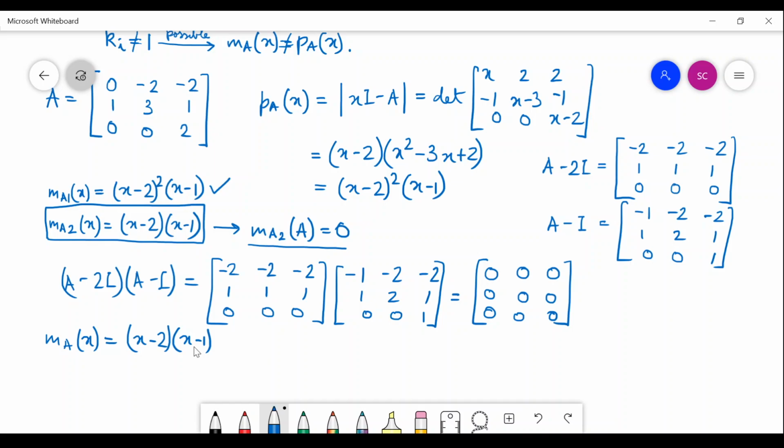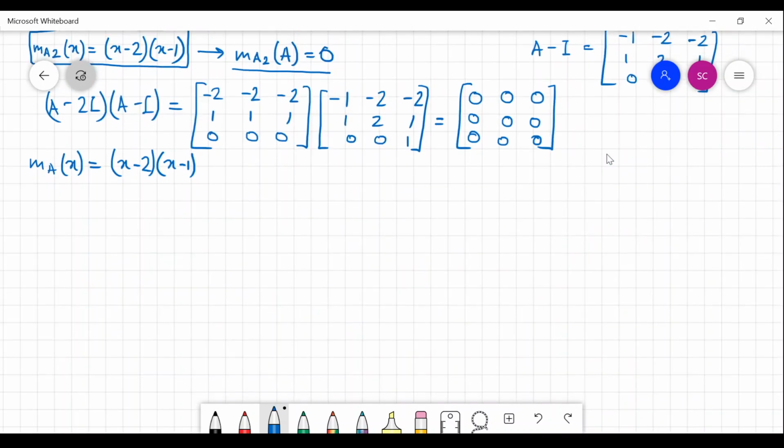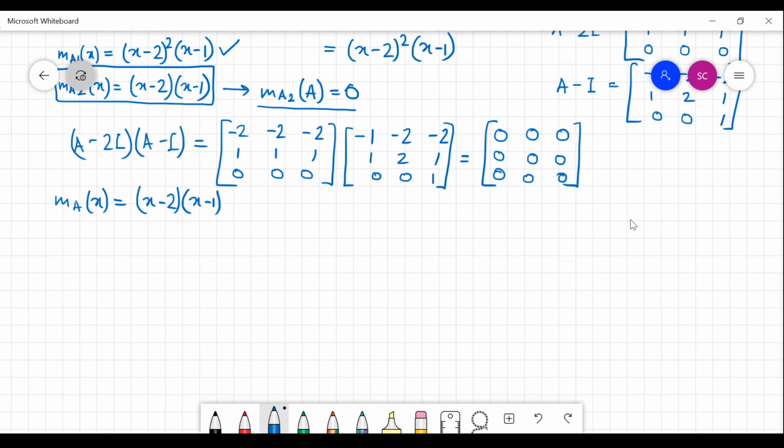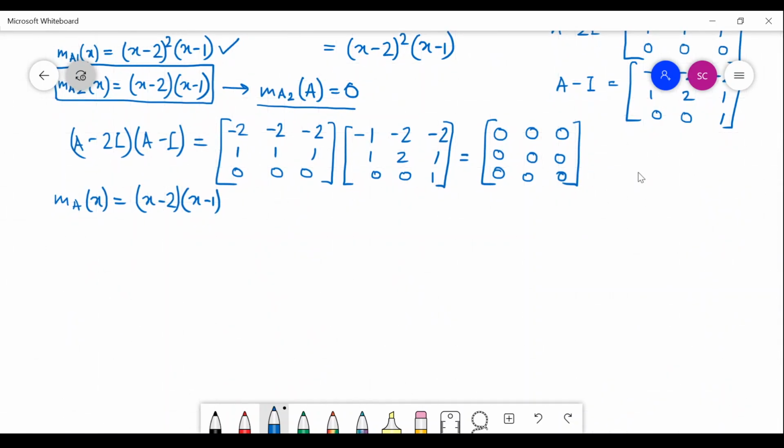If you have found the minimal polynomial, there are several applications actually. These applications do not directly link with the eigenvector-eigenvalue problem, but this is a very important application for evaluating functions of matrices. That is what I will show you.